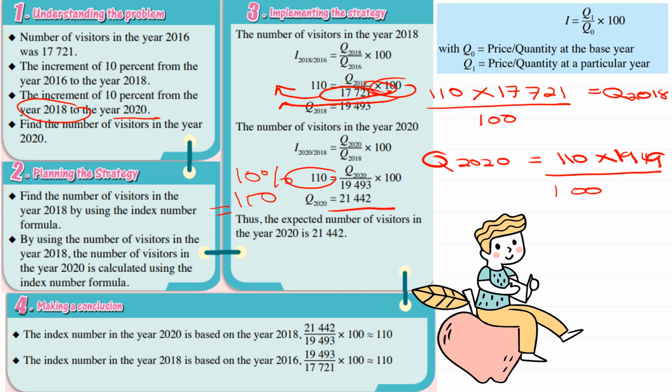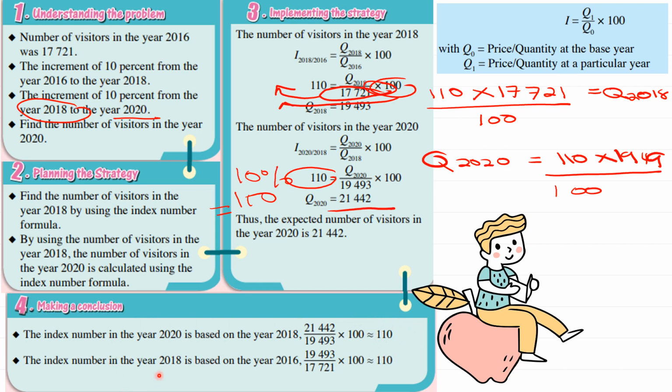Making a conclusion, you can check your answer. This is just checking the answer with the value of the quantity of visitors that you got just now. This is 2020 based on 2018: 21,442 divided by 2018's 19,493, times 100, you will get around 110%.